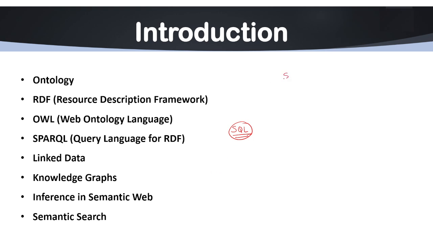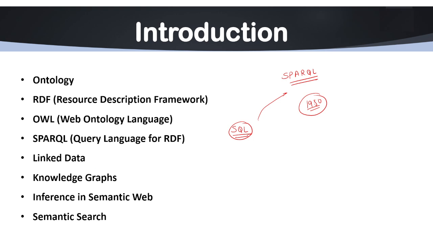For example, a SPARQL query can find all universities in India established after 1950. Right? This is an example. It allows AI to fetch very specific linked data, important tools for researchers and developers.